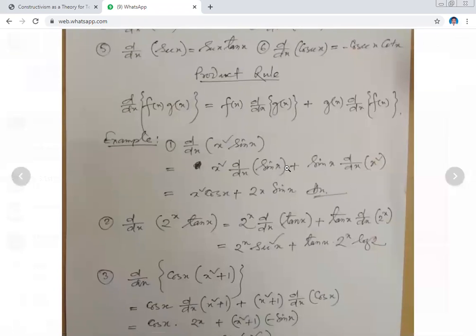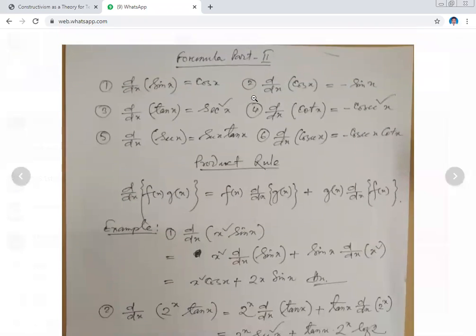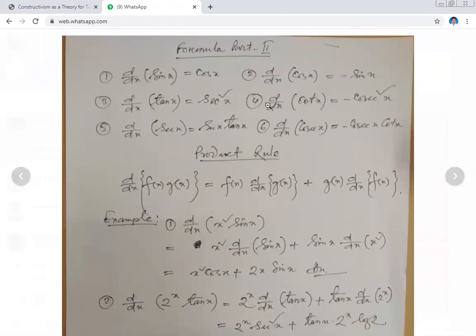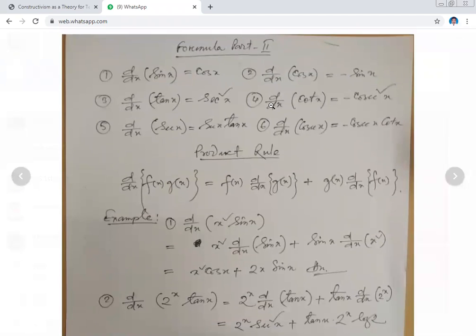Now see, this is the next page. Few trigonometric formulas. I am giving a few formulas in part 2. In part 1, 5 formulas were given, very fundamental, and in this part 2, I am giving the 6 basic, very fundamental formulas of trigonometric functions.